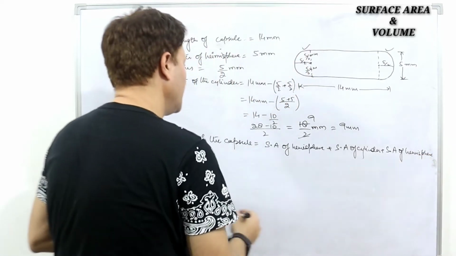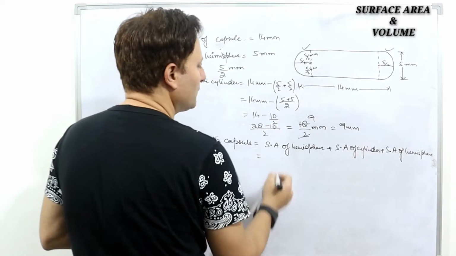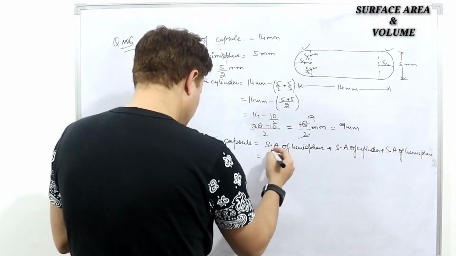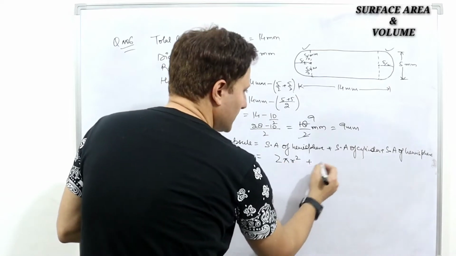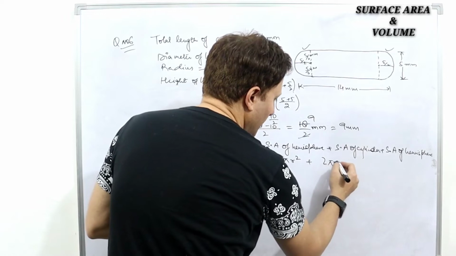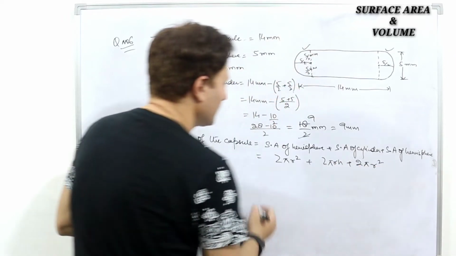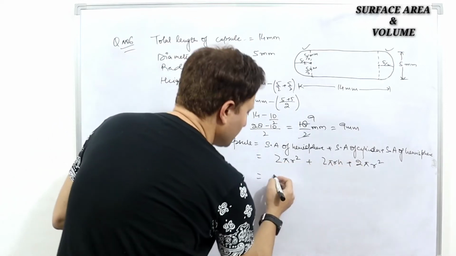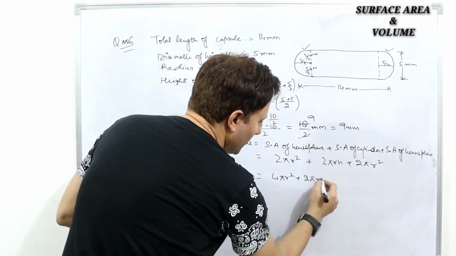Here we have two identical hemispheres. So we will put the formulas first. Surface area of hemisphere is 2 pi r square, of cylinder is 2 pi r h, and again of hemisphere 2 pi r square. So this is 2 plus 2, that is 4 pi r square plus 2 pi r h.